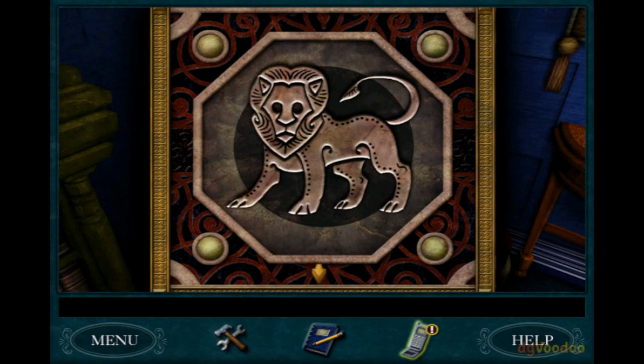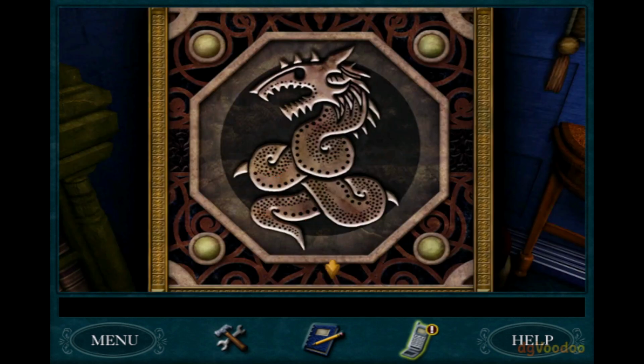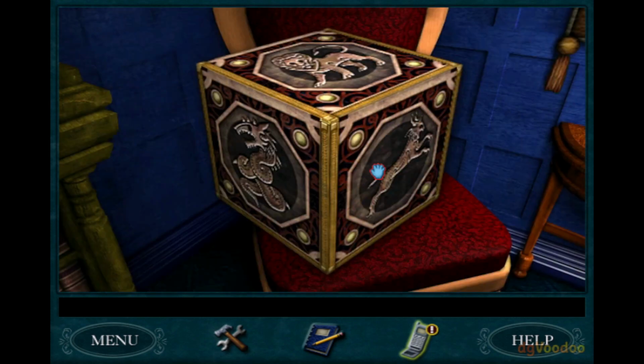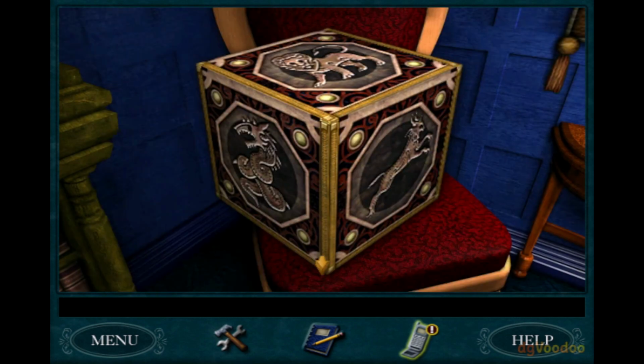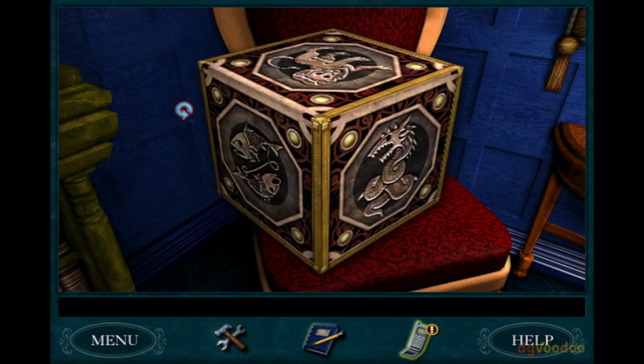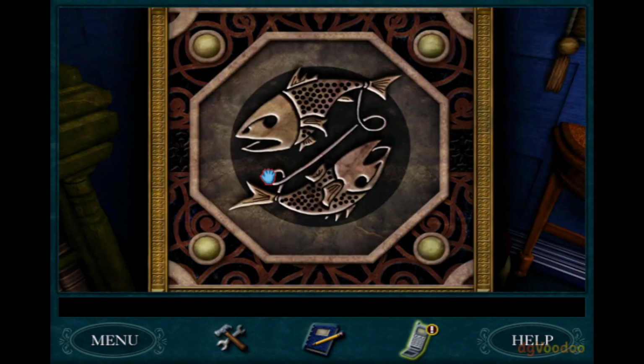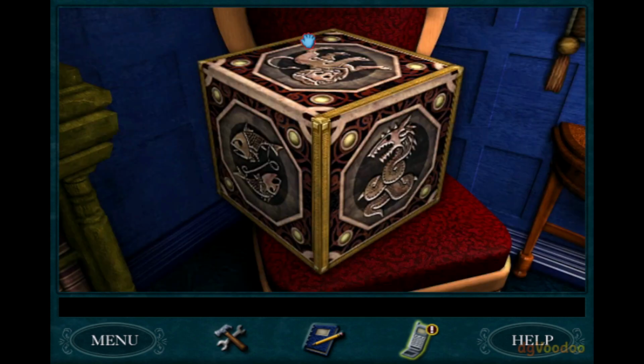So there's a lion, a dragon, something. And we can see the other sides as well. So we've got fish.